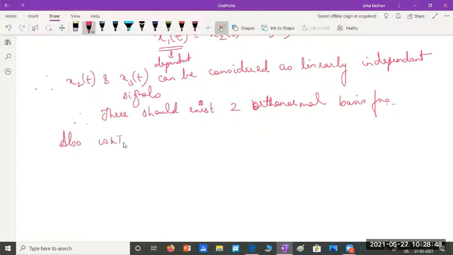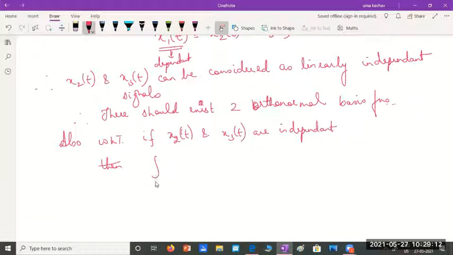Also, we know that if x2 and x3 are independent, then what is the property of orthogonality?